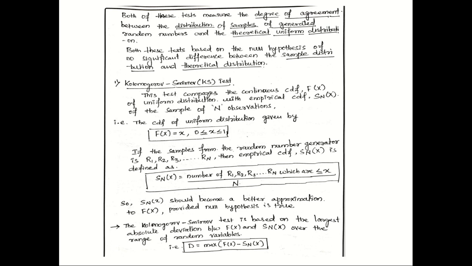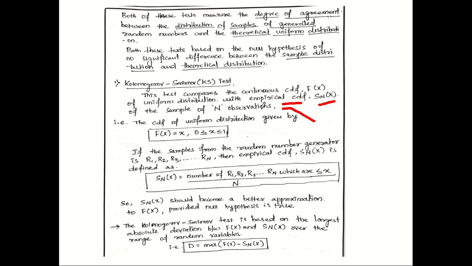In this test, it compares the continuous CDF, the cumulative distribution function, that is f of x of a uniform distribution, with the empirical cumulative distribution function, that is Sn of x, of the sample of n observations.